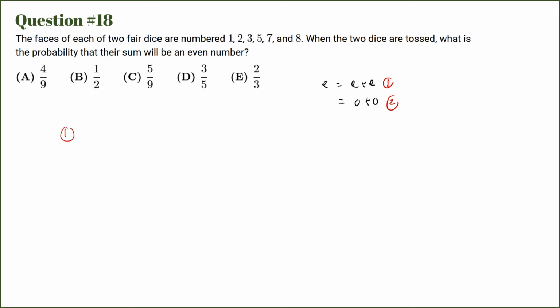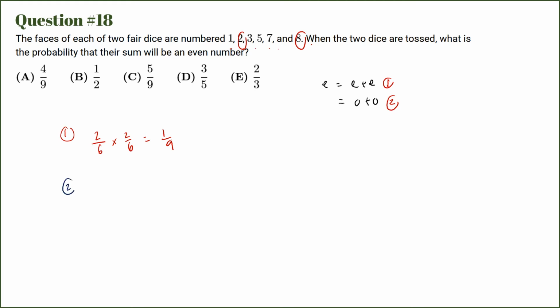What's the probability that case 1 will happen? Well, how many even possibilities are there? There's 1, 2. So 2 out of 6 times 2 out of 6 equals 1 out of 9. So there's a 1 out of 9 chance that case 1 will happen.